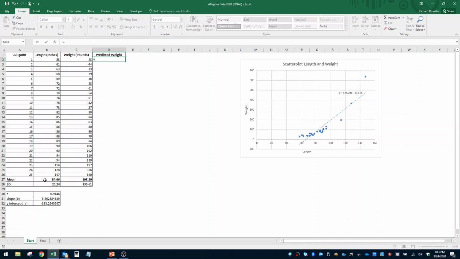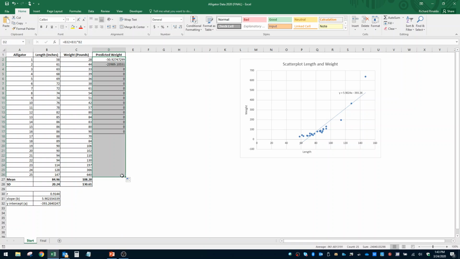So I go equals, let's do the y-intercept plus the slope multiplied by the length as recorded. That is my predicted weight for that alligator. It would help if I did my F4s properly, my dollar signs.